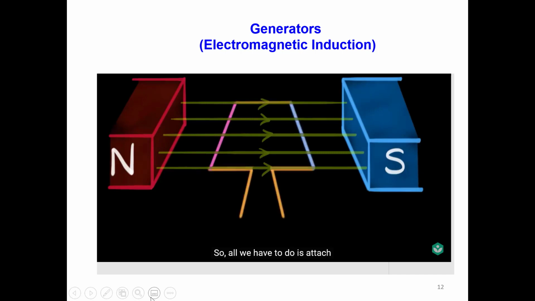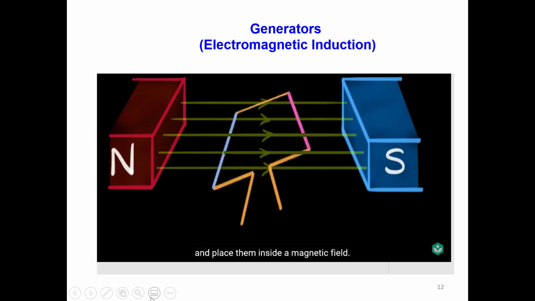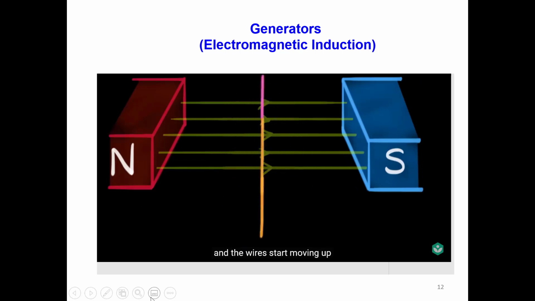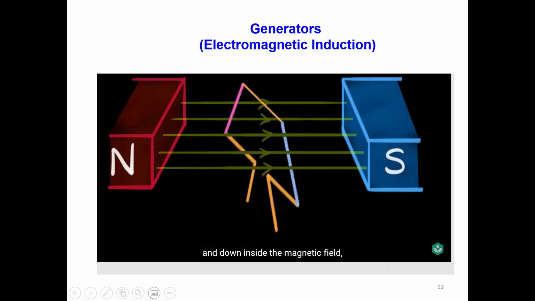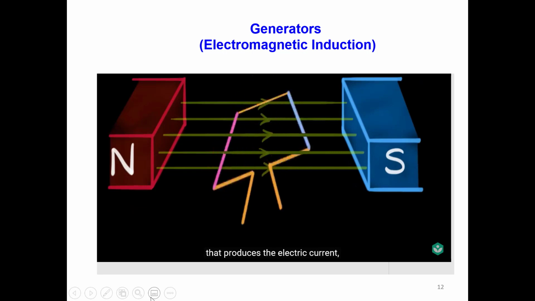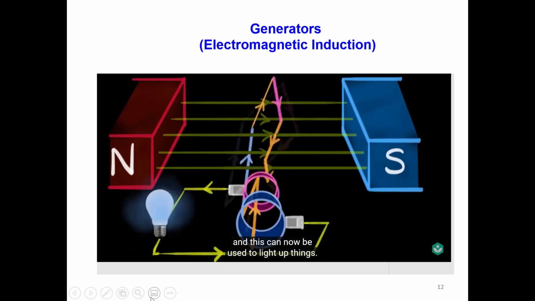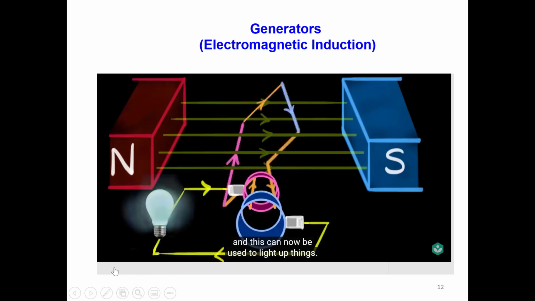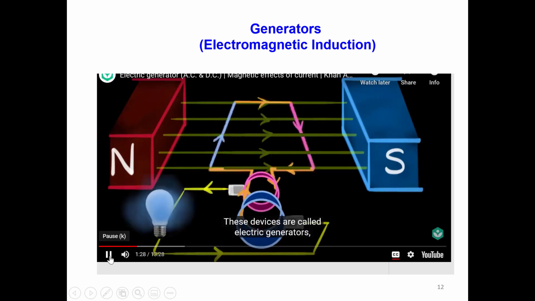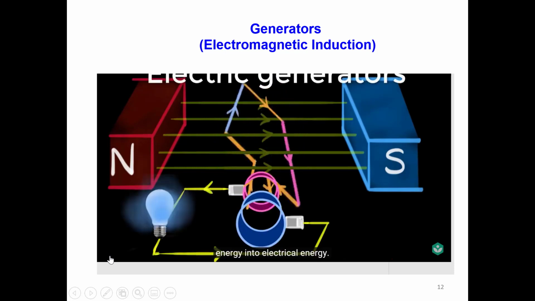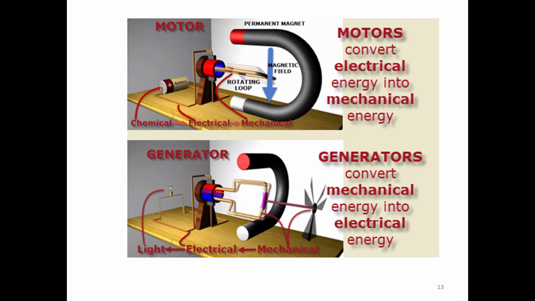So all we have to do is attach a coil of wire to these giant turbines and place them inside a magnetic field. As the turbine rotates, the coil starts rotating and the wires start moving up and down inside the magnetic field. That produces the electric current, and this can now be used to light up things. These devices are called electric generators. They convert spinning, or mechanical, energy into electrical energy.